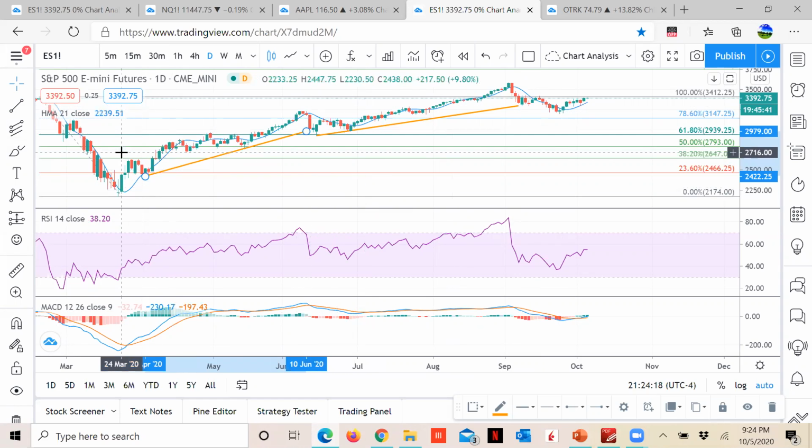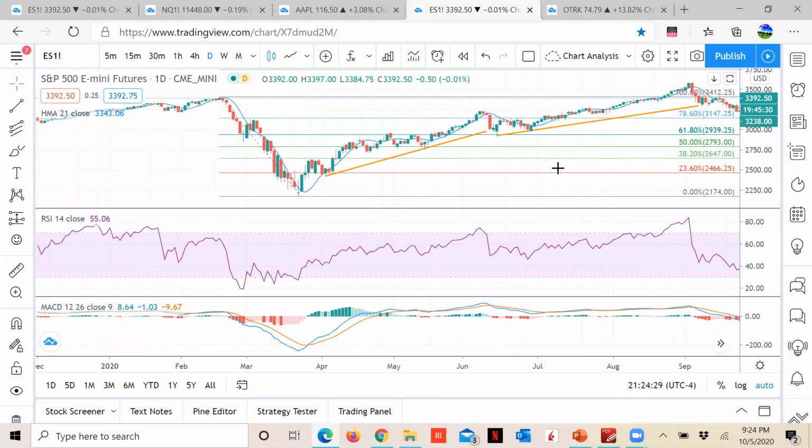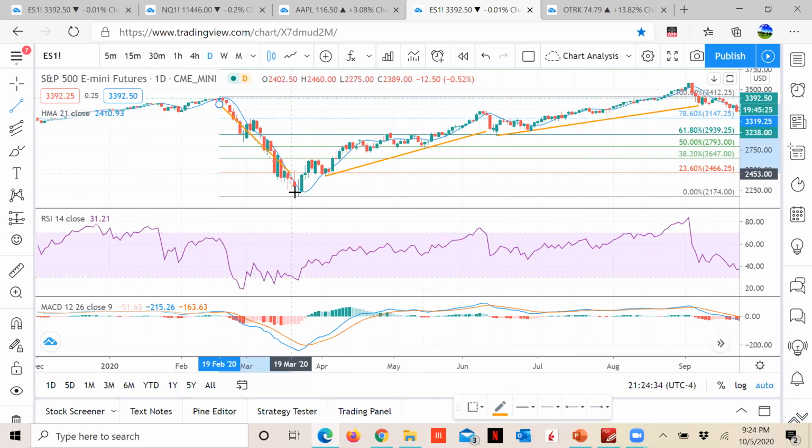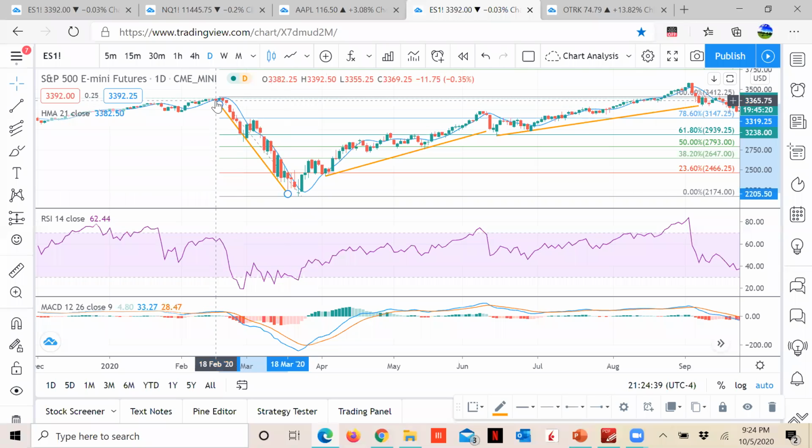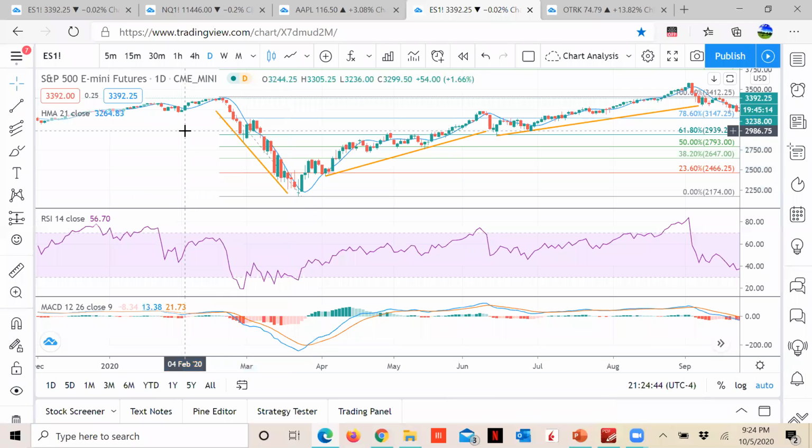That's how the security is moving in a trend line, diagonally upwards. If you go on the right side, draw another trend line. It's trending diagonally downwards, right? So that's pretty much indicating the trend of this security.